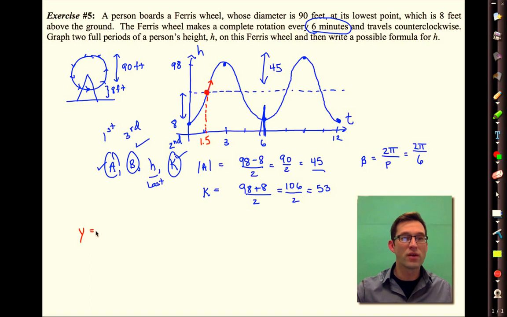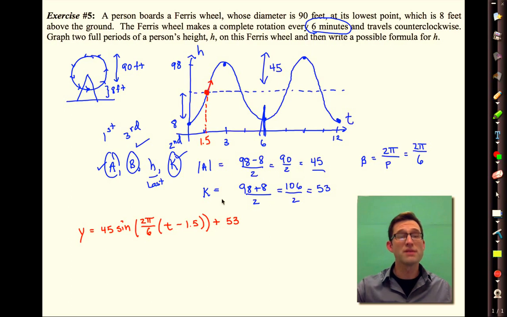So one correct equation would be to say that y is equal to 45 times the sine of 2 pi divided by 6 times t minus 1.5 plus 53, right? And that'll work fine because it means that the sine will start at 1.5 and rise out of it. All right, easy enough.